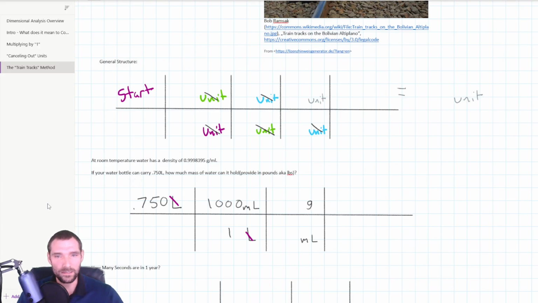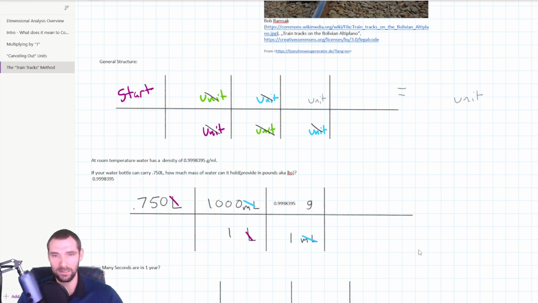And so we've got a density. So for every milliliter, we've got that number of grams. Let's get that right here. There we go. So if I did that math, then I would have just grams left over, and that's okay.